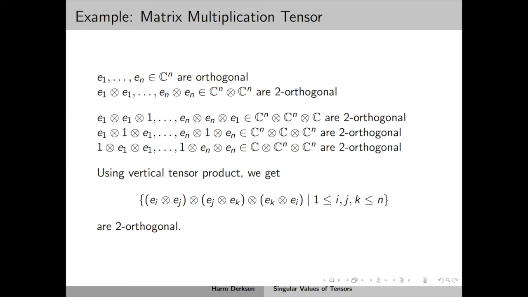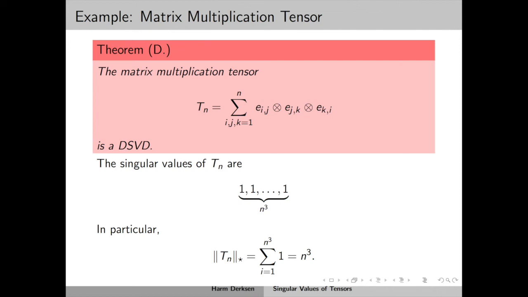Now we can think of this e_i tensor e_j as e_ij. And that shows that this expression here, which I think I called M_n before, is a tensor whose terms are 2-orthogonal, so this expression is a diagonal singular value decomposition. And so the singular values of this tensor are just ones, with multiplicity n cubed. In particular, we see that the nuclear norm is n cubed.